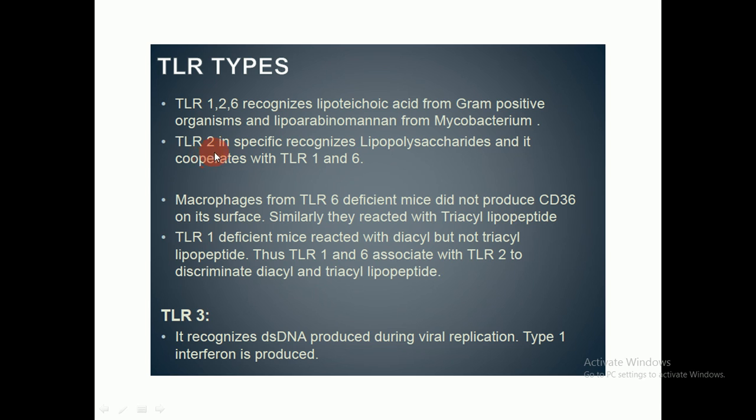Toll-like receptor 2 specifically recognizes lipopolysaccharides. Macrophages from toll-like receptor 6 deficient mice did not produce CD36 on their surface. Toll-like receptor 1 deficient mice reacted with diacyl but not triacyl lipopeptide. Toll-like receptor 3 recognizes double-stranded RNA produced during viral replication, and type 1 interferon is produced.